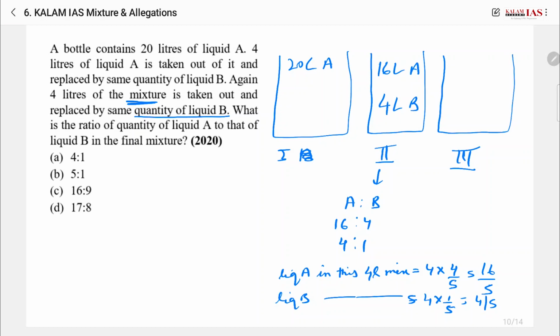Now in the third situation, the initial A quantity now will be 16 minus 16 by 5, because 16 by 5 is removed, that is 64 by 5. And quantity of B in the third situation will be 4 by 5, which is added plus 4.